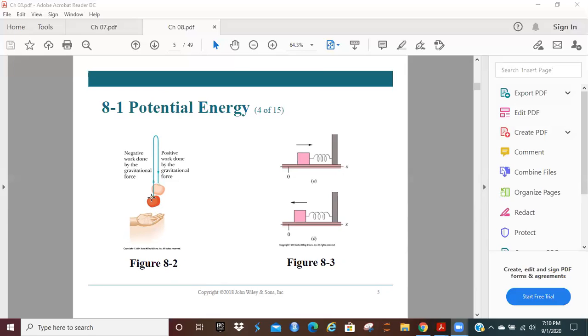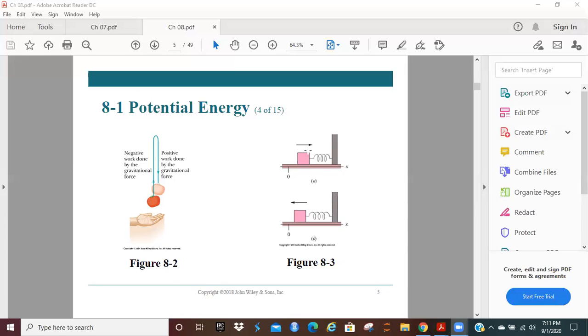And since the gravitational force is pulling this way and the object's moving this way, they're 180 degrees out of phase. So this is going to be considered negative work. But once it goes up and hits its apex and then starts to fall down, then the gravitational force starts to do positive work.